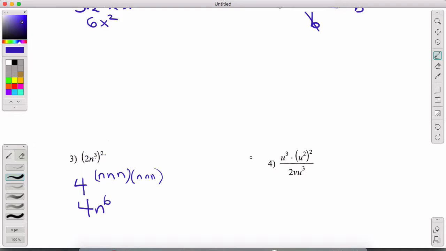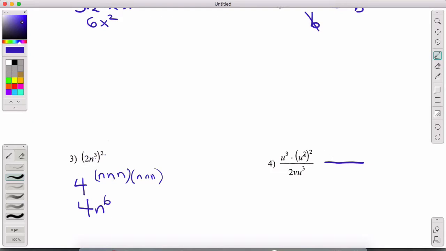When we get to problems like 4, now we're using all of our rules simultaneously. We have power to a power, we have some division, we have some multiplying. So I typically start working numerator, then denominator, and then I start to simplify and cancel. So I'm going to write a fraction line or a division line, and then do my numerator.